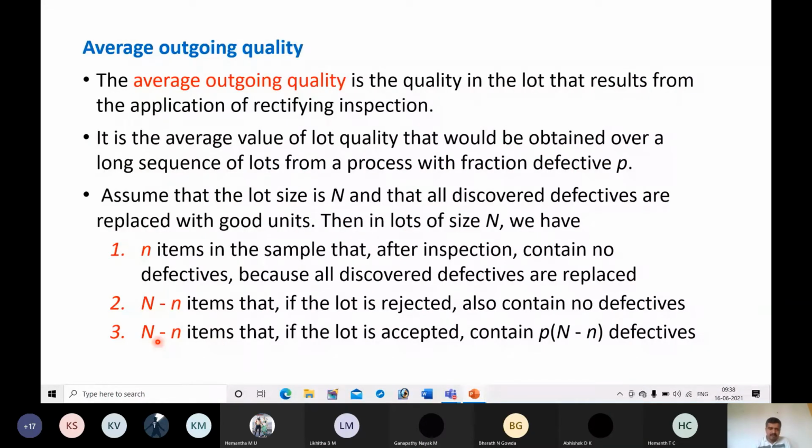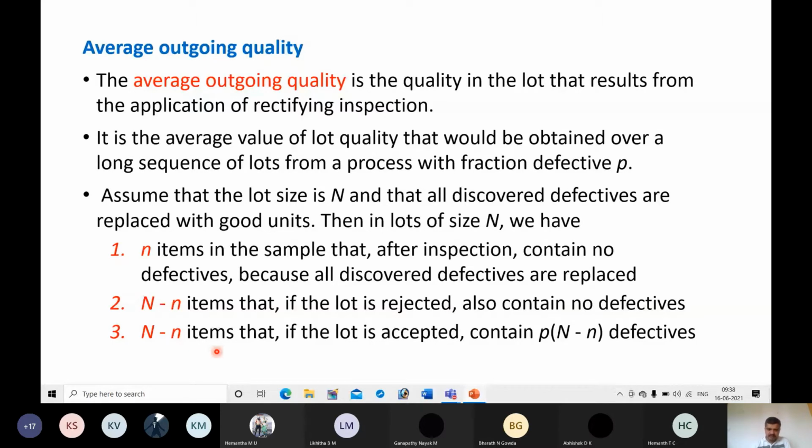For example, if the lot size is 10,000 and the sample size is 50, out of 10,000 you randomly pick 50, and out of 50 you may get a few defectives. You may decide that we can accept this lot because the number of defectives is less than or equal to the acceptance number c.